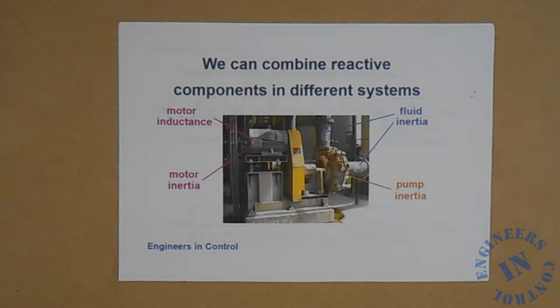You may remember the picture of a thickener underflow pump with the water and the pipework. In the previous talk, we developed a single transfer function for the pump set and fluid flow, which we call the process transfer function.